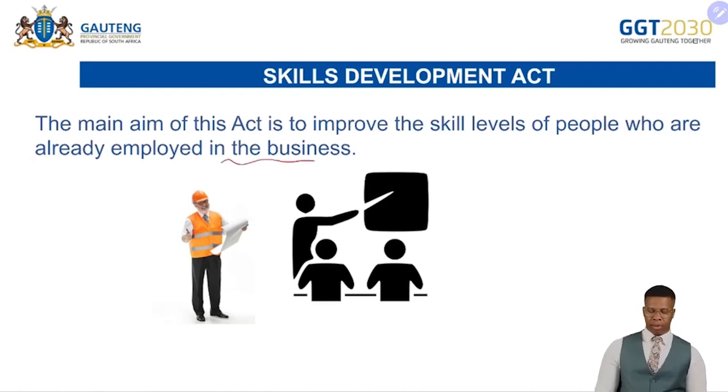So it is an act that ensures the skills level of those already employed can improve, so that they contribute towards the productivity of the business or of the South African workforce as a whole. Because remember, an economy is determined by its skill level, or by its employees.